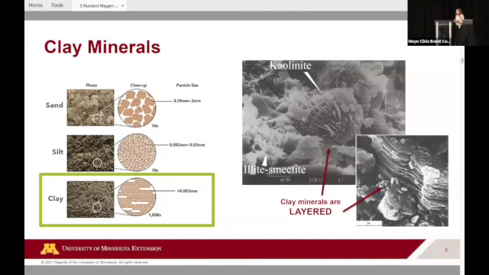Clay minerals, like prefaced before, are very unique in their interactions with potassium. Sand and silt are kind of round, like marbles or gravel in a glass, and the way that they sit really impacts how fertilizer ions can move around.